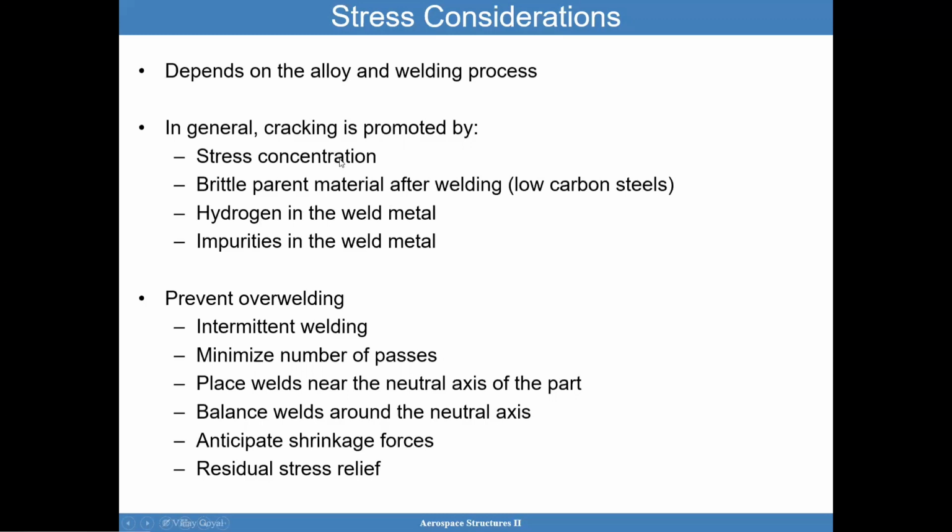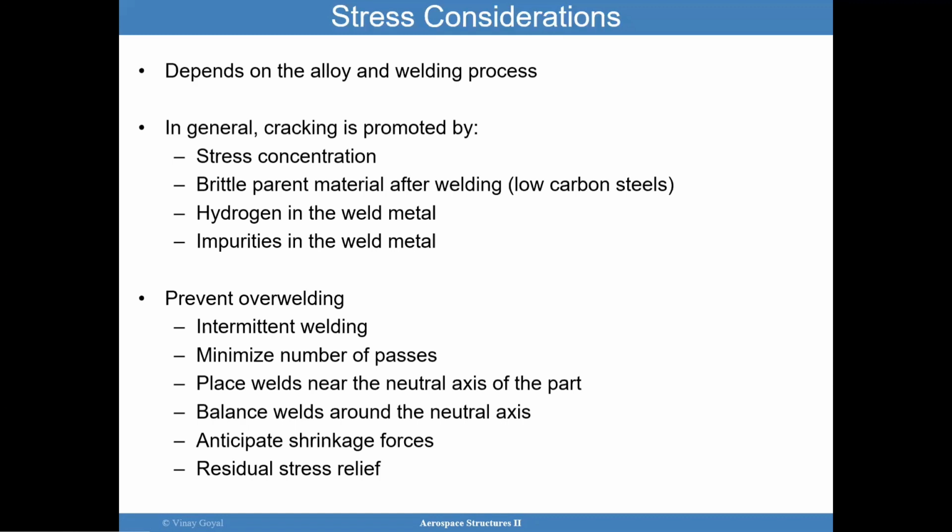Any of those things can promote cracks that then propagate to failure. Prevent overwelding. Like I said before, have a compact weld and minimize the number of passes, so be efficient with your passes. The more passes you have, the more potential for residual stresses to get built in, and the more propensity for defects within the weld.